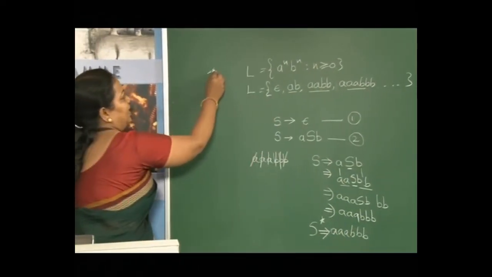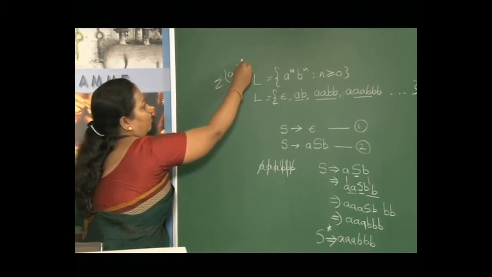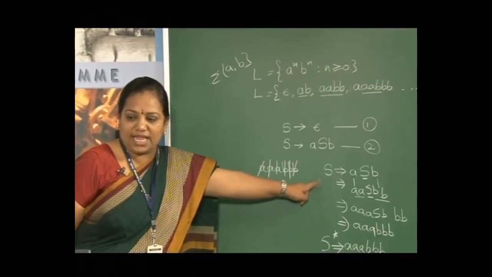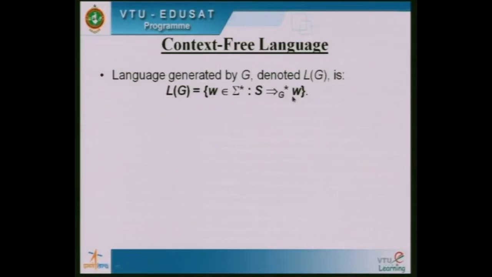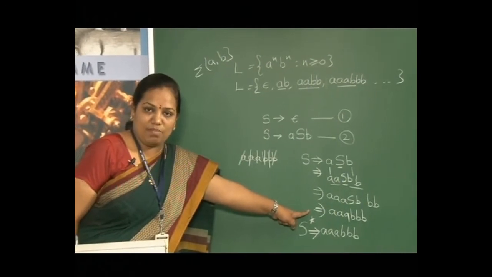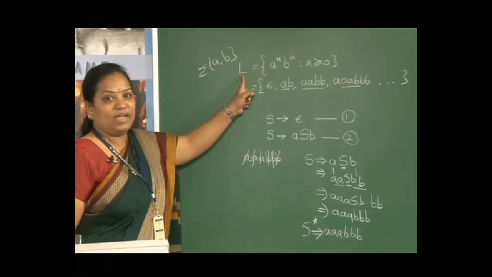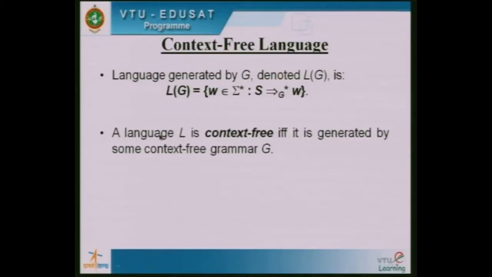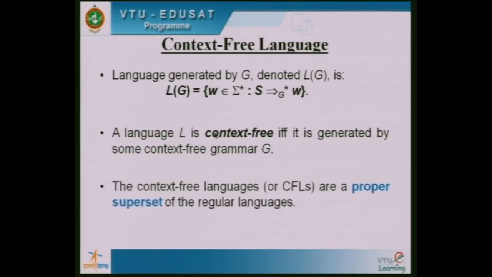What is the sigma here? Sigma is {A, B}, such that it starts with S and derives a string W using the grammar G. So, from S it will derive string A B which belongs to language L of G. A language L is context free if and only if it is generated by some context free grammar.